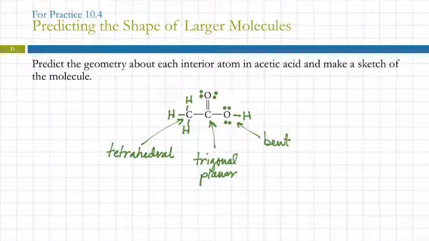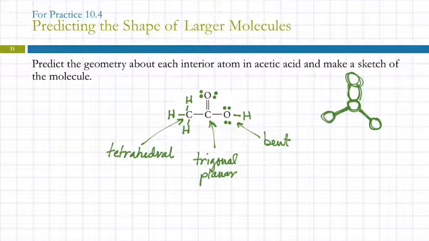And make a sketch of the molecule. When you need to do something like that, again, you want to make everything be in the plane of the screen that you can. Make it as flat as possible. I'm going to start with the carbon in the middle and make that double bond to the oxygen. And then it's going to have approximately 120-degree angles to the carbon and the oxygen.